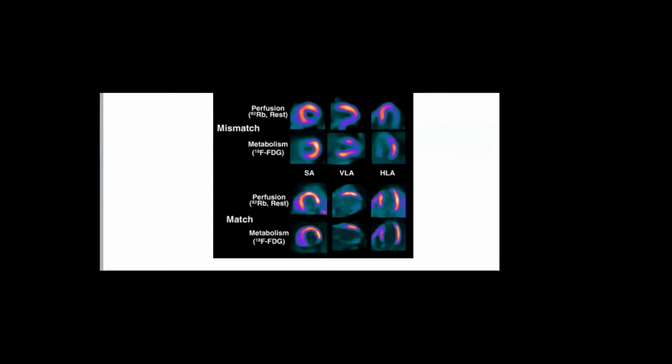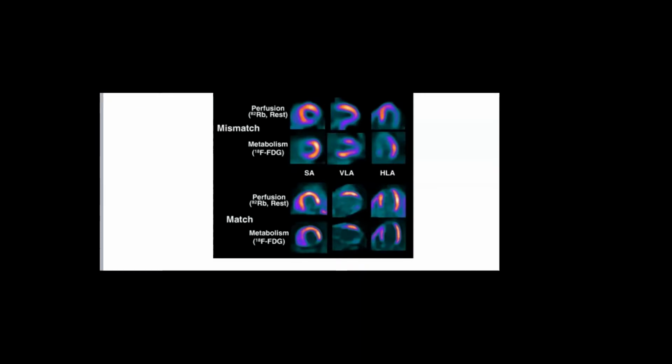What does PET do? Basically, they make a perfusion map with rubidium. They inject rubidium and the perfusion will appear like it's in here. Now they give fluorodeoxyglucose as a metabolic tracer, the second stage, and they see how it fills in the heart.